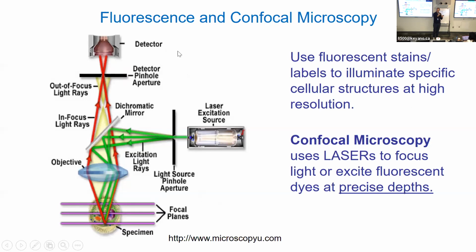What I want to do now is talk a little bit about fluorescence microscopy. Fluorescence microscopy was something that, when I was a student, people were just starting to invest in, right? So it's really come a long way, and it's really cool. This is showing a fluorescence microscope, and you can see sometimes they're using lasers and things like that.